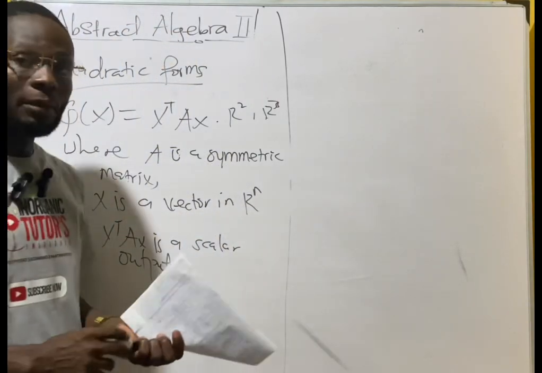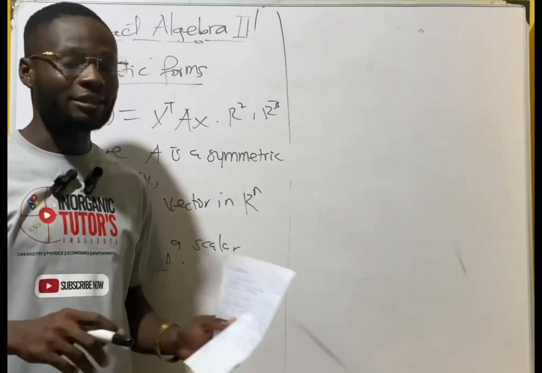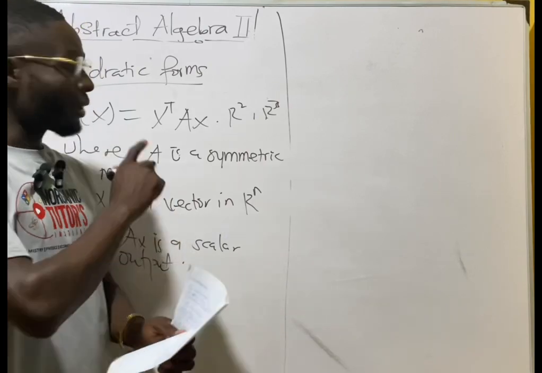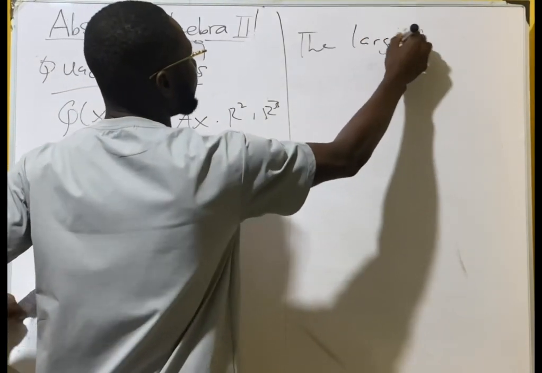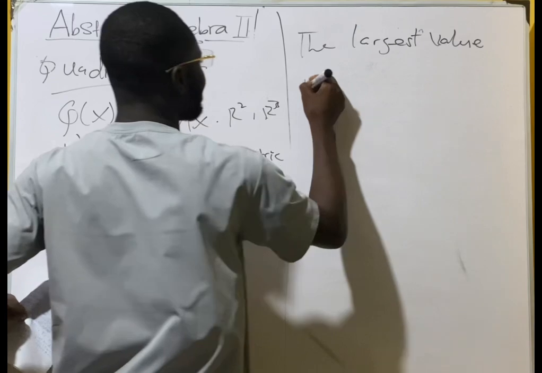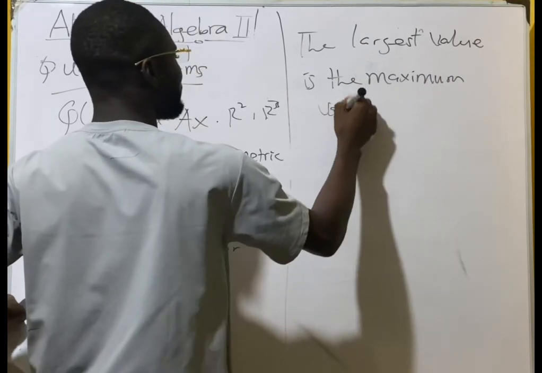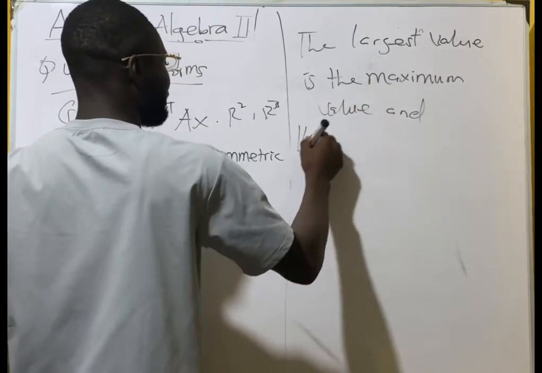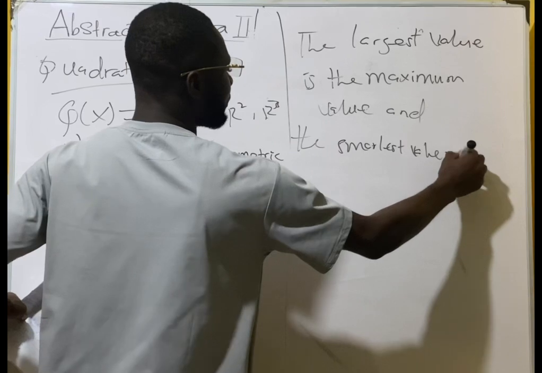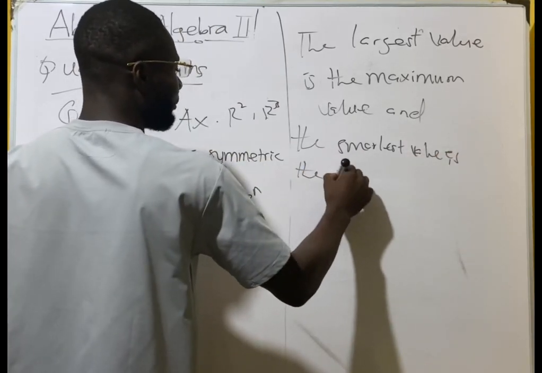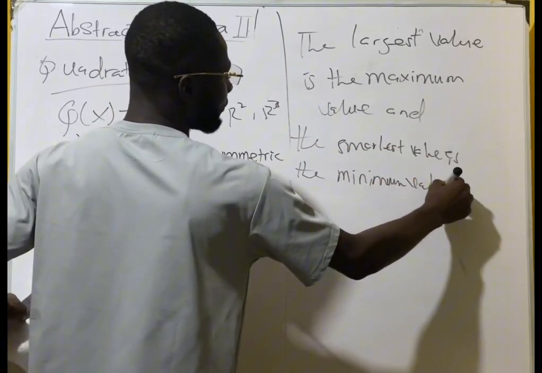So the largest value is the maximum value, and the smallest value is the minimum value.